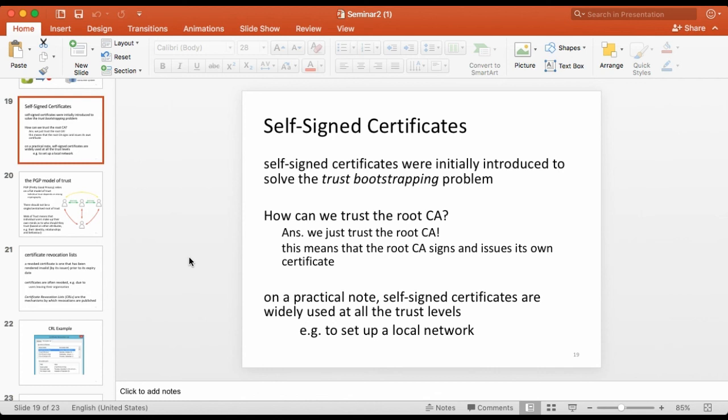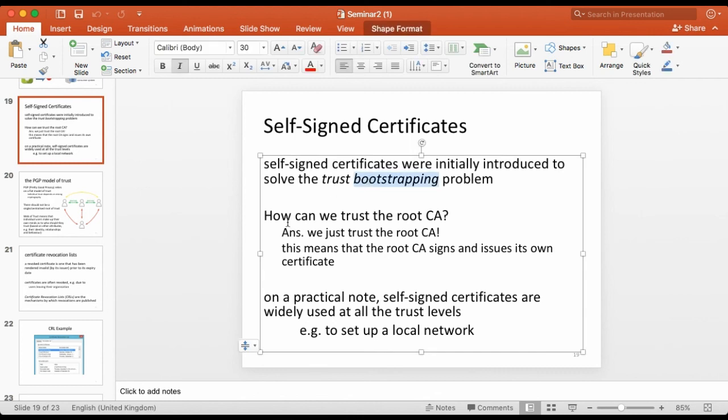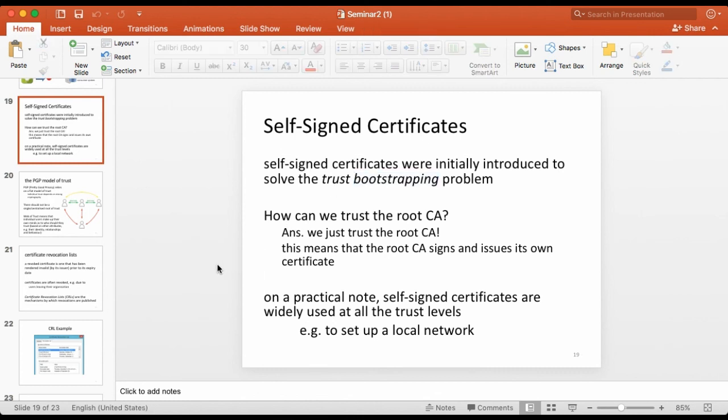These root organizations issue certificates that they sign themselves, which attest to their ownership of their public keys. That will allow you to bootstrap trust, and there is unfortunately no other way around this.